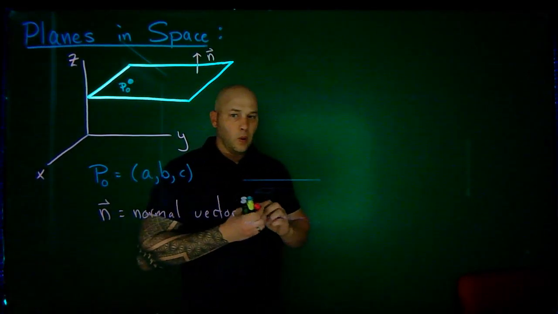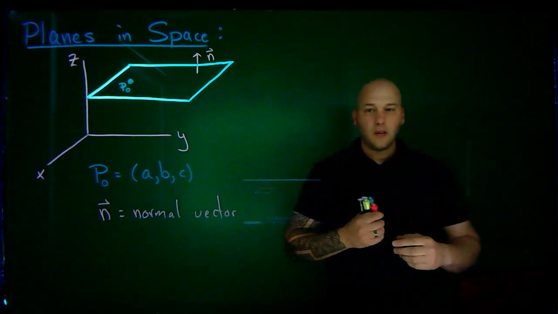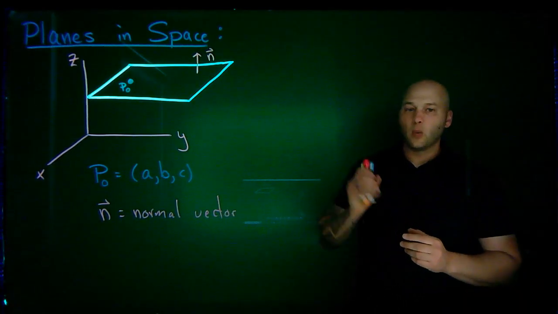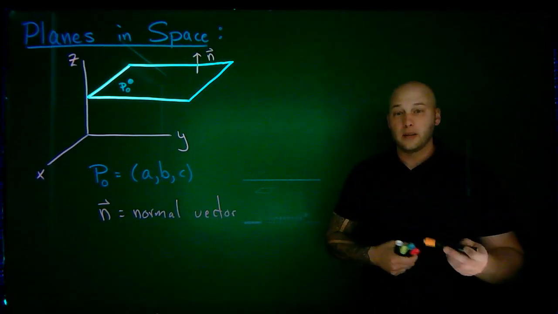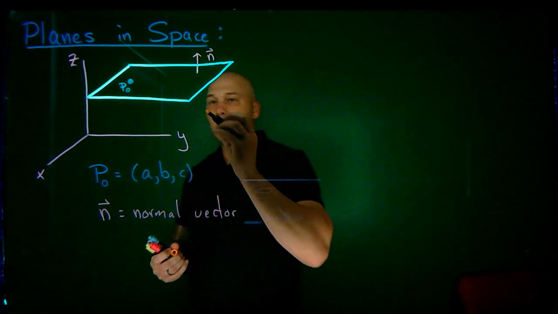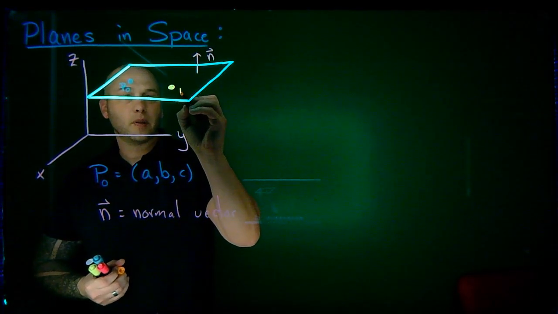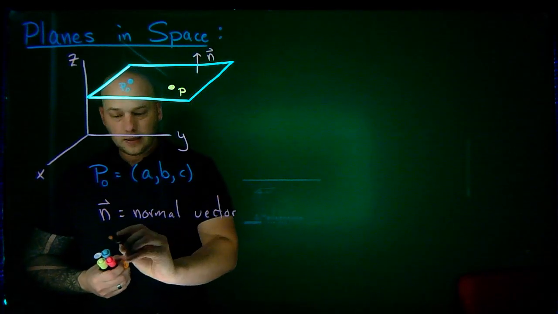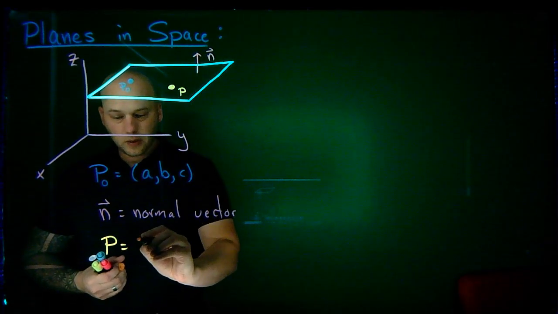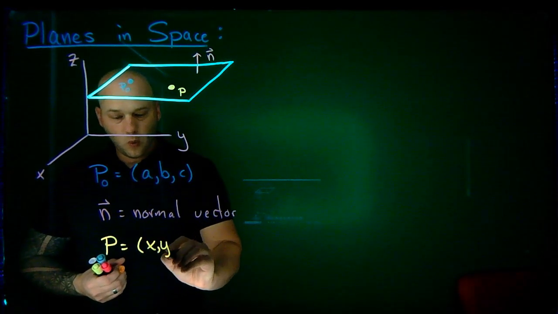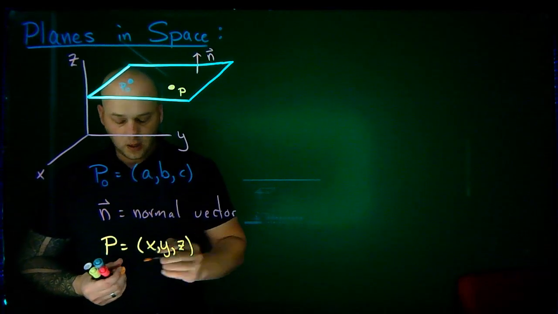Now, given those two pieces of information, we can determine whether or not a third point lies in the plane. Let's say I give you this point right here. And I'll label that as the point P. And down here, I'll say P has coordinates x, y, and z.